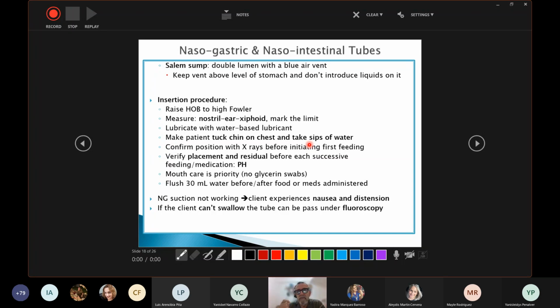I mean, if you are going to get a vein, so insert a peripheral venous access device, if you are going to give an enema, if you are going to offer a bedpan, if you are going to suction the client, if you are going to do wound care, any procedure where you anticipate that you can soil the linen of the bed, you can avoid that from happening.